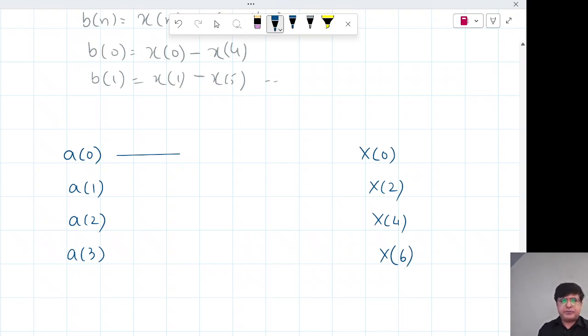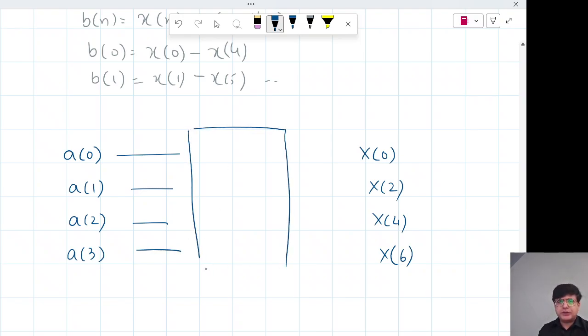Clear? Yeah? Okay. Now, for the purpose of understanding, I'll just change the notation slightly, because now this thing is the new input to this 4-point DFT block, and this is the new output.